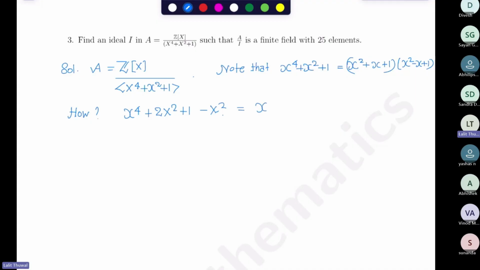And this is (x square plus 1) whole square minus x square, right? Now you understand. Okay, right. Is it clear? It's not difficult to factorize it. Okay. Thank you.